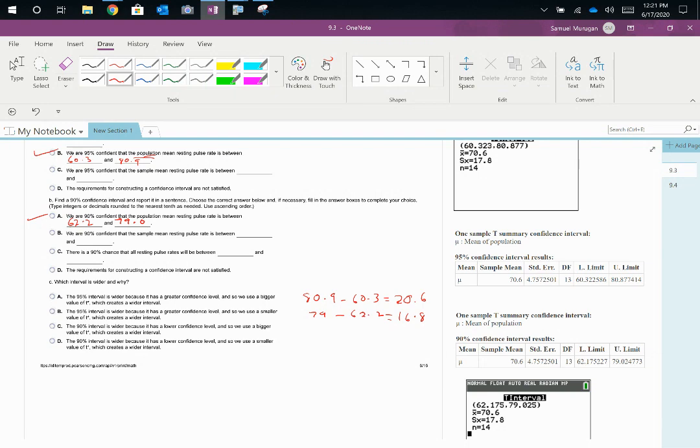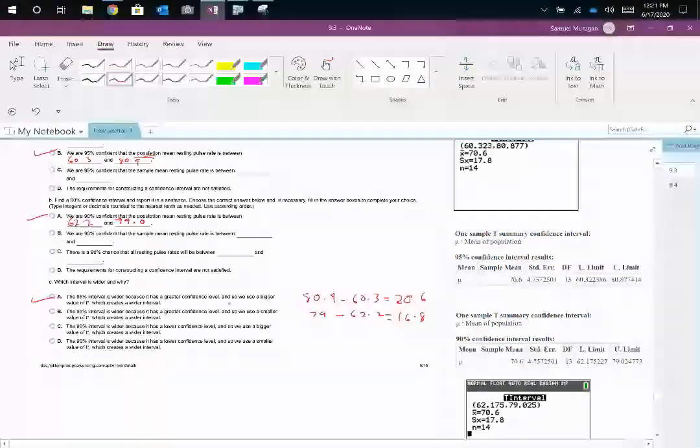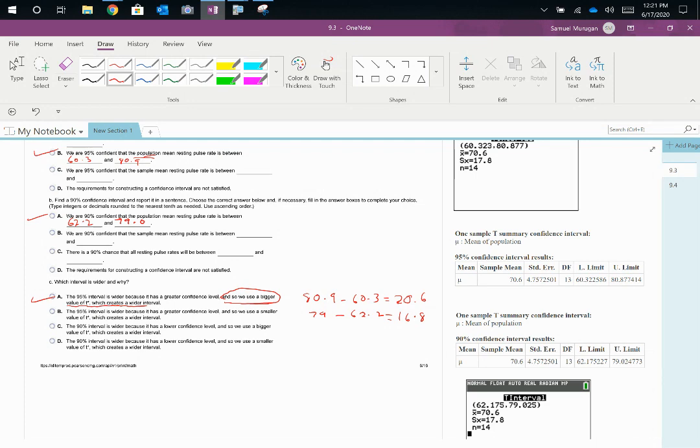The reason that it's wider is what's important. We would use a bigger test value, which creates a wider interval. Okay, a bigger test value. And don't worry too much about the explanation for this, but the T star is what you would need if you were doing this from scratch.